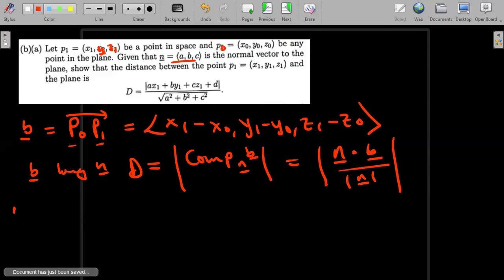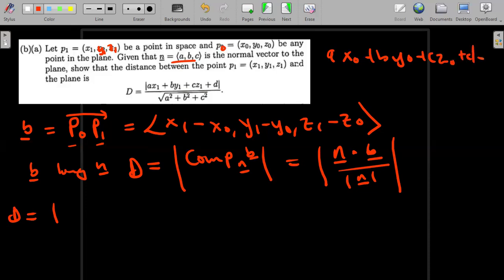So we say the distance is going to be equal to, so we get now the values. A plane is given by the formula ax naught plus by naught plus cz naught plus d equal to 0.